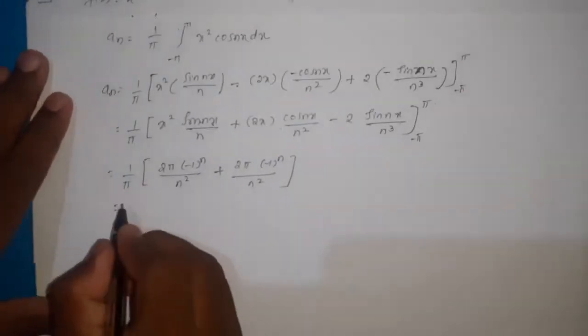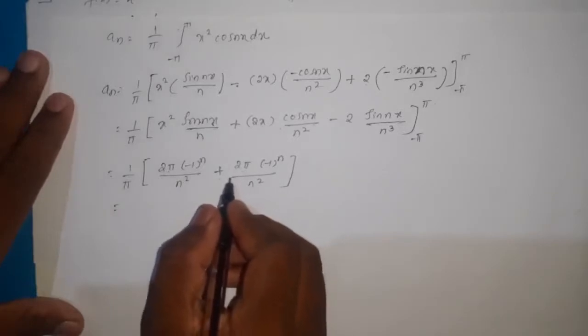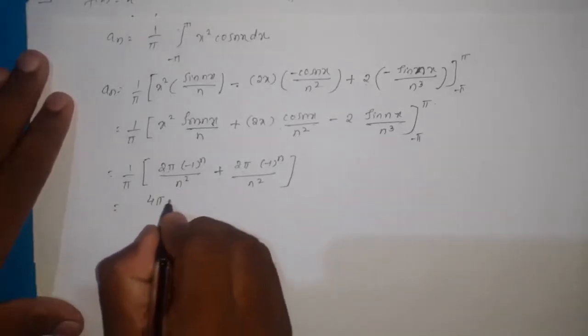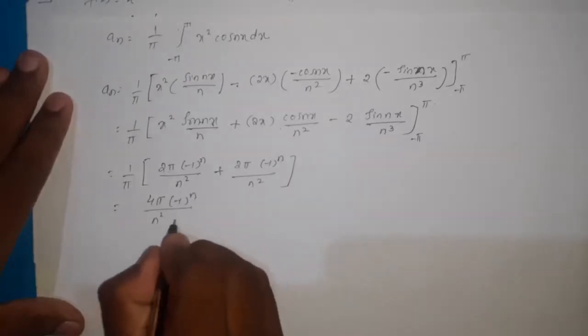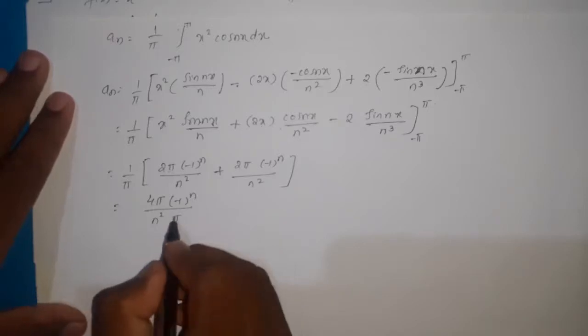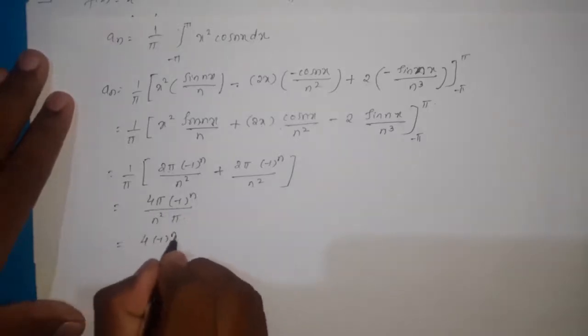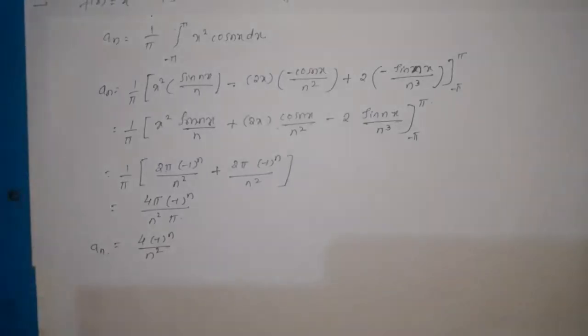So therefore it is 2 pi plus 2 pi, that is 4 pi, 4 pi minus 1 whole power n divided by n square pi. So pi and pi get cancelled, it is 4 into minus 1 whole power n divided by n square, that is the value of an.